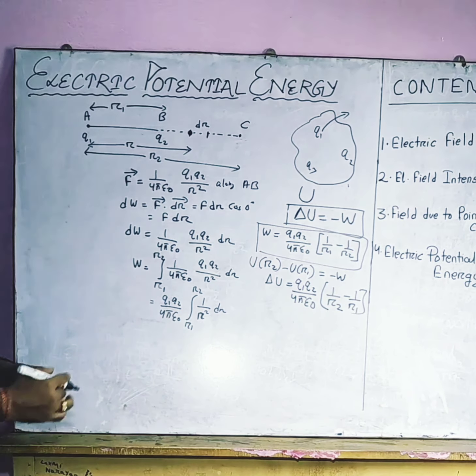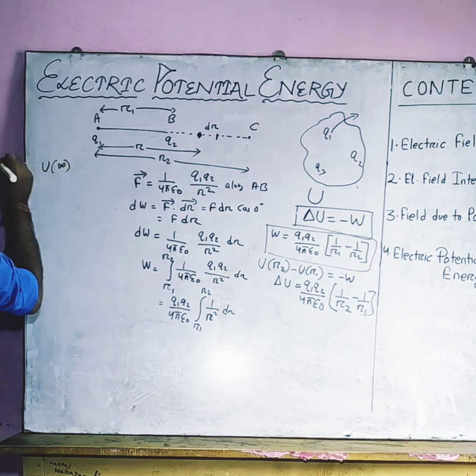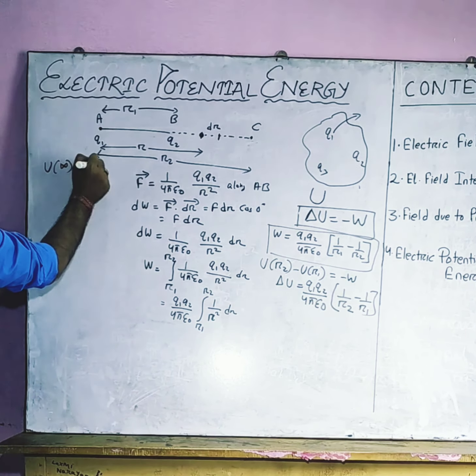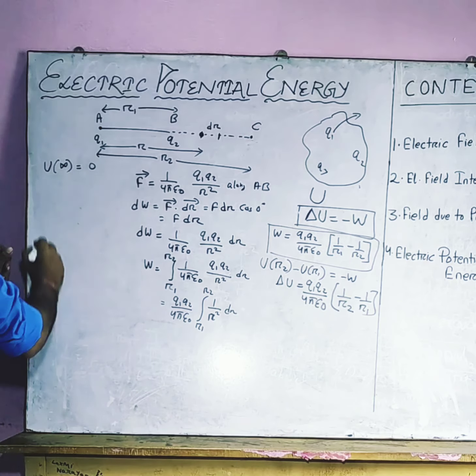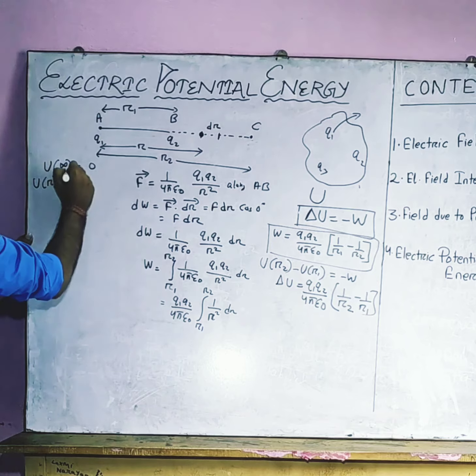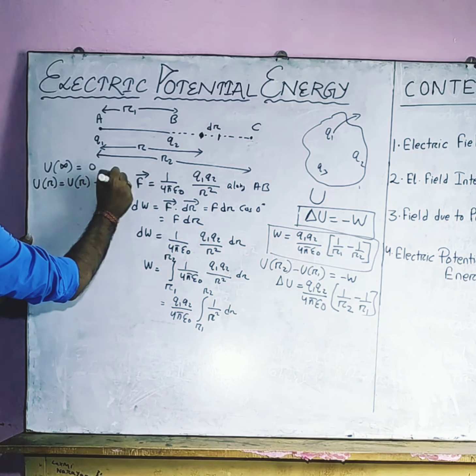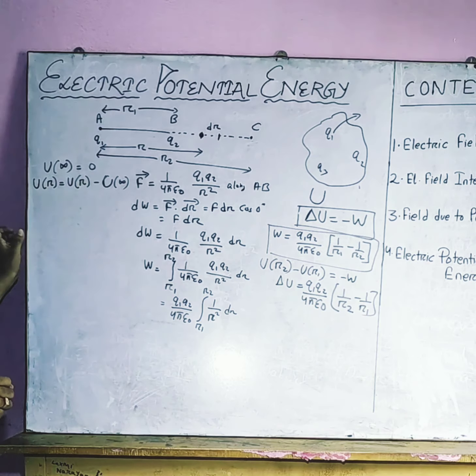Now we know that the potential energy at infinite distance is equal to 0. So the potential energy at a distance r can be written as potential energy at r minus potential energy at infinite distance.